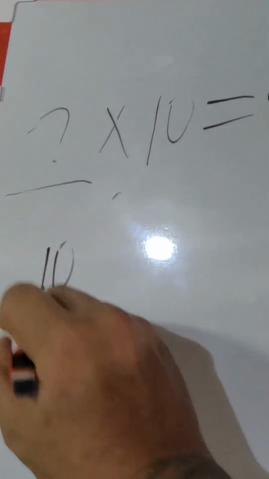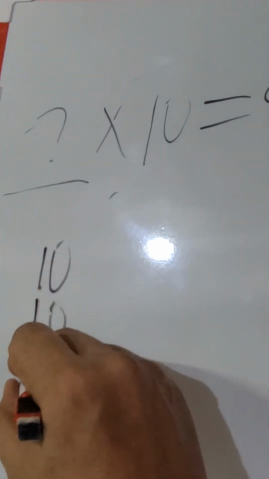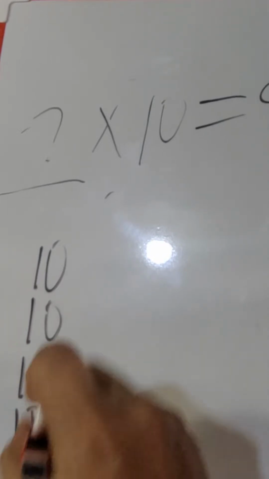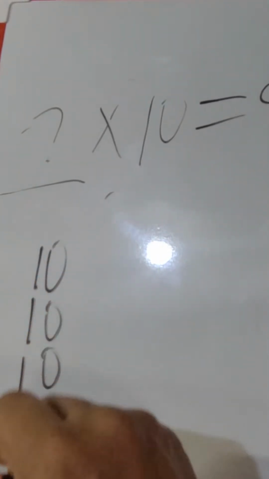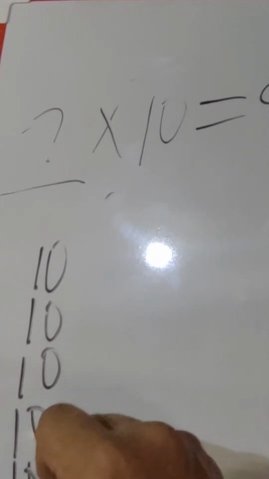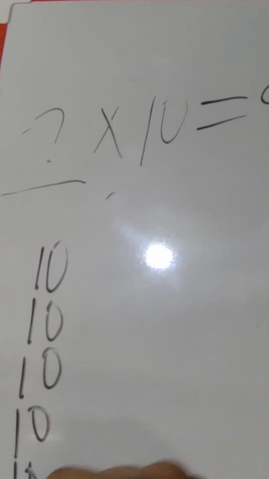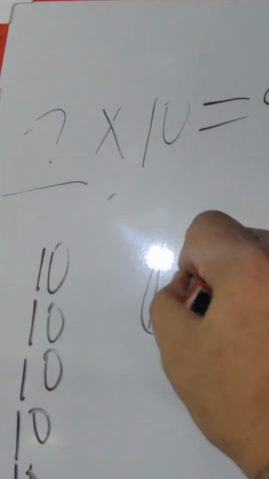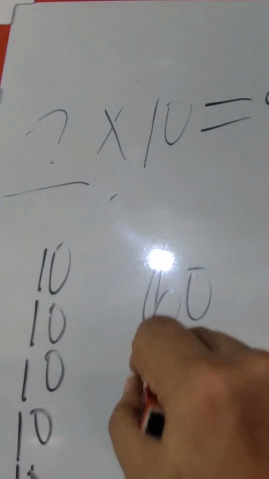So 10 plus 10 plus 10 plus 10 plus 10. 1, 2, 3, 5, 6. Right? How much is that? 60. So that's not going to be enough.